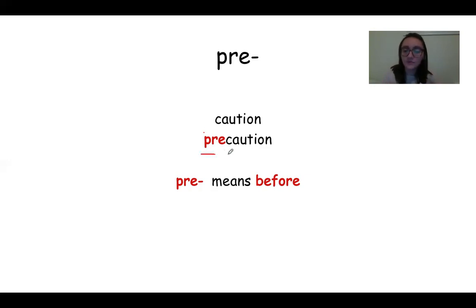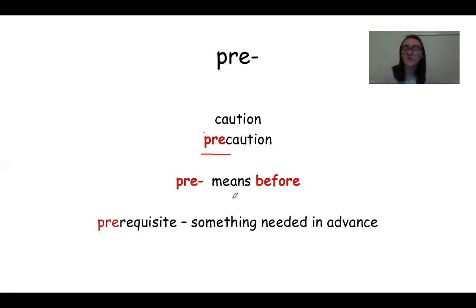But if you put a pre in front of it, a precaution, that means that you are being safe or you are thinking about something before. So you could say that wearing a mask is a precaution to help people not get sick, right? So pre means before.